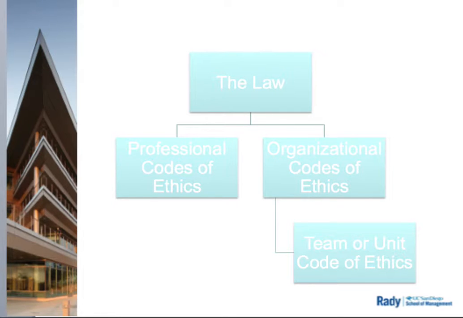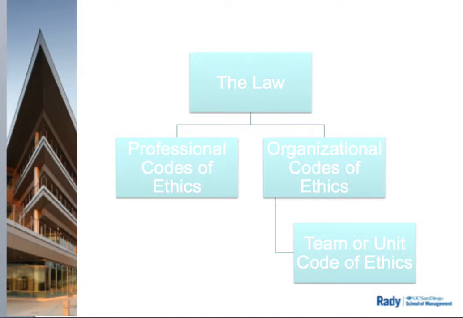So let's look at it. Usually what happens is there's a law, and that is usually, unfortunately, the basis for a lot of times, especially organizational codes of ethics, especially in the world of business. They've developed these because Sarbanes-Oxley required them to, or there are just legal or regulatory standards that require them to codify these into codes of ethics. Professional codes of ethics are usually based more on their core fundamental values. For example, the engineering codes of ethics really are focused on public safety.